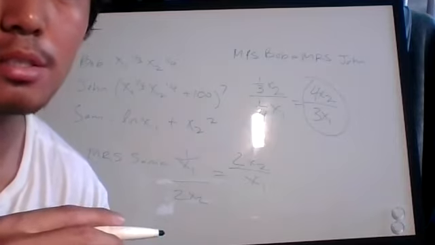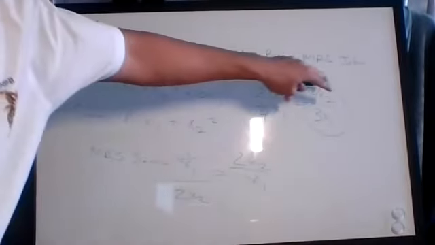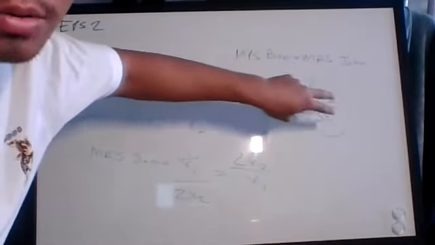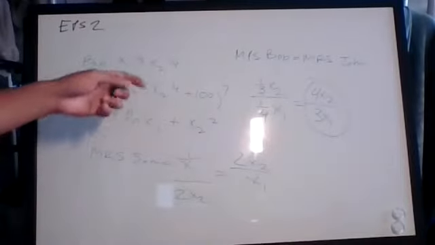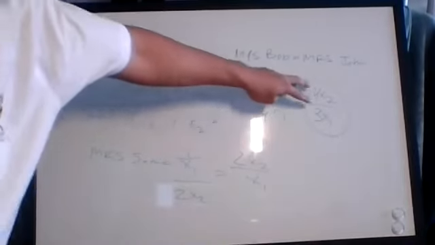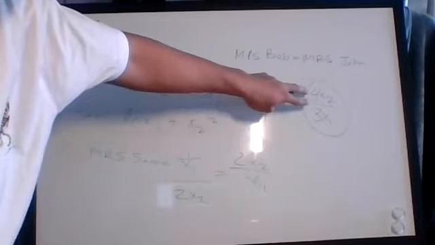Does that make sense? Yeah, so we don't really need to focus on that for the MRS. Because the MRS, if you think about it, is really just a ratio. And so the ratio, we're going to have 7 attached, so it won't look exactly like 4x2 over 3x1.